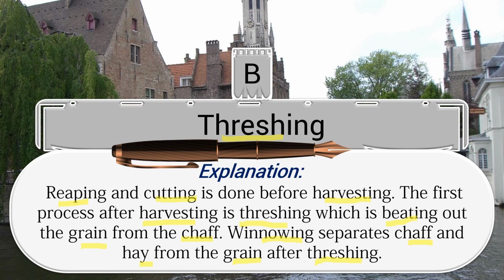But immediately after harvesting, threshing is the process that follows, which is the beating out of grain from the chaff. Winnowing is the separation of the chaff and hay from the grains after threshing.